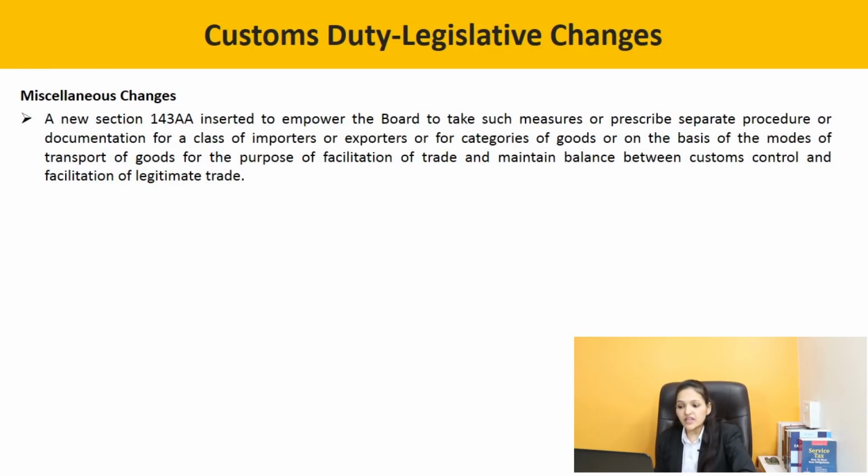Next, a new section 143AA is inserted to empower the board to take such measures or prescribe a separate procedure or documentation for a class of importers or exporters or for categories of goods or on the basis of the mode of transport of goods for the purpose of facilitation of trade and to maintain balance between customs control and facilitation of legitimate trade.